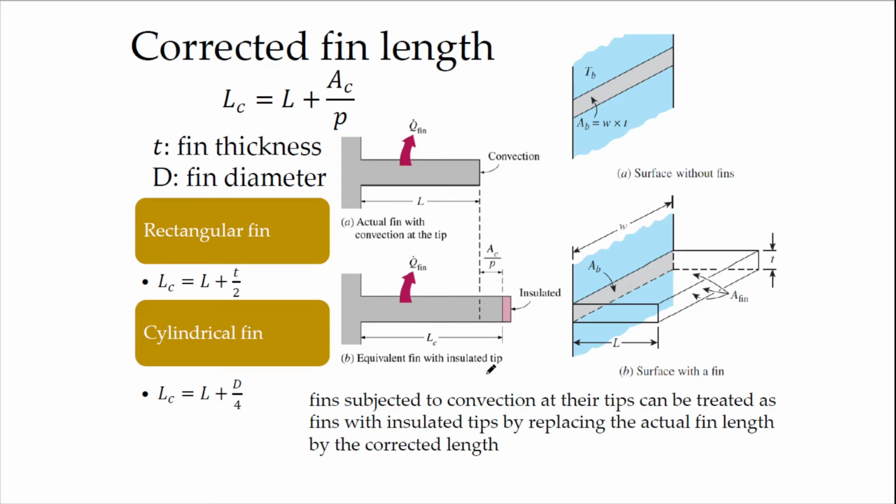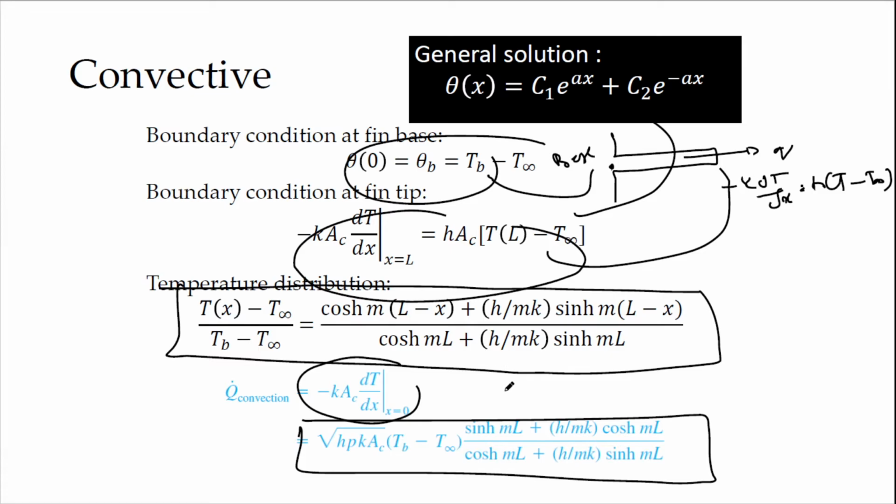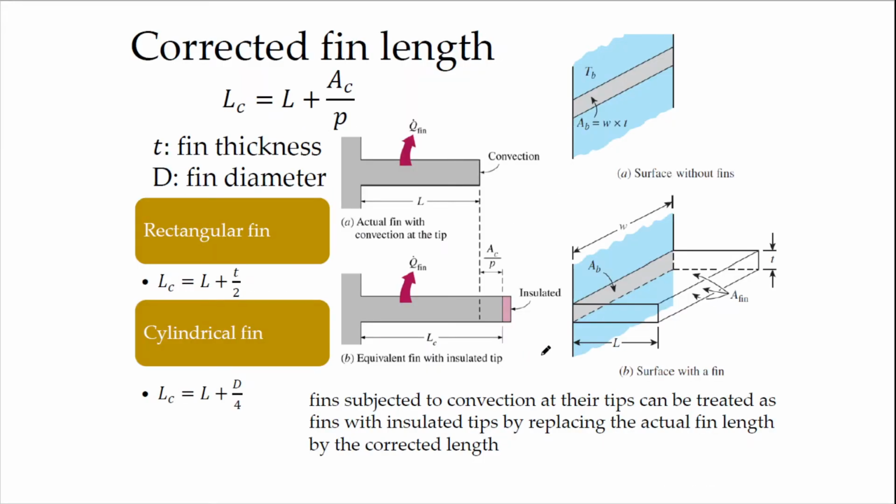Basically, if you look at this convection equation for temperature and heat transfer, it is very lengthy. But we can use a corrected fin length, by assuming instead of convection, the tip is insulated, but we need to add a certain length over here.